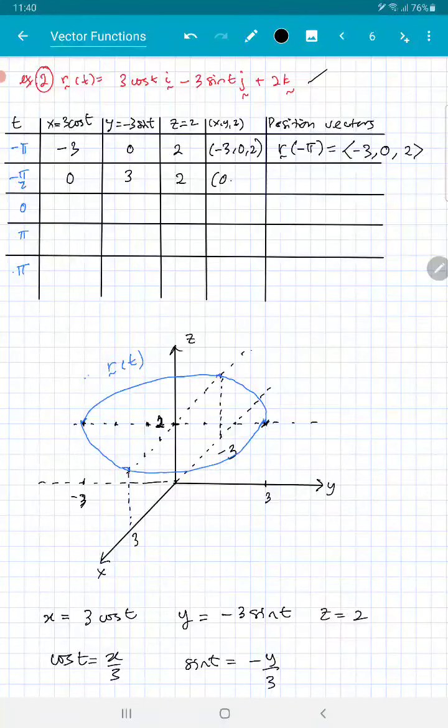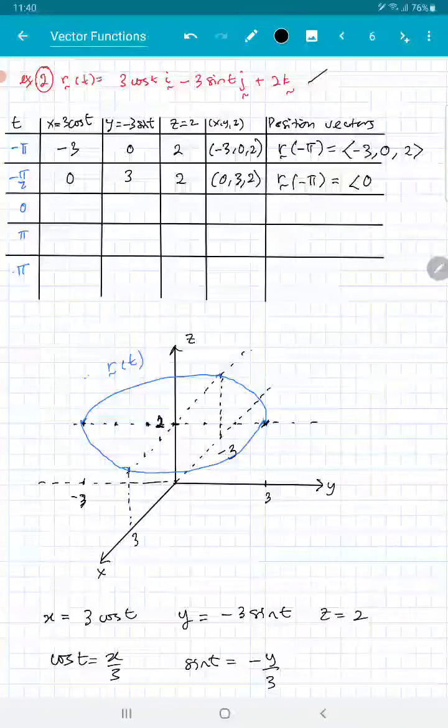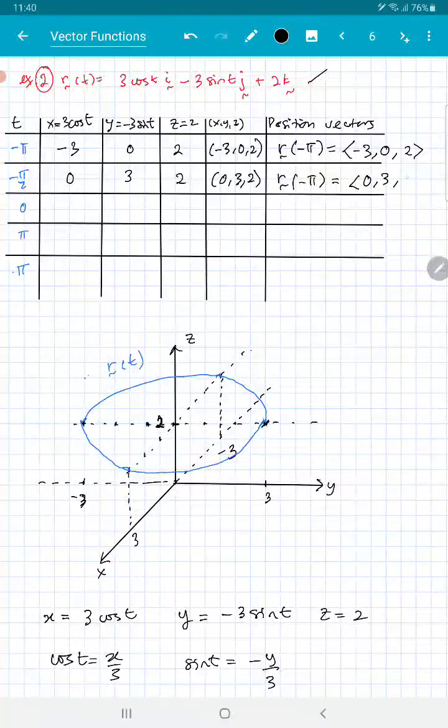So now we have the endpoint of our position vector, at 0i plus 3j plus 2k. Note here that I'm using the pointy bracket instead of i, j, and k. The reason is I want to save some space.